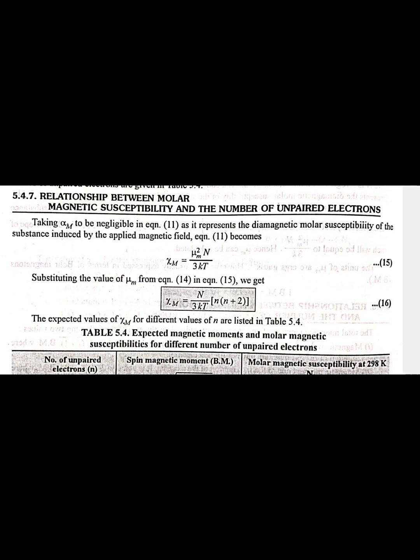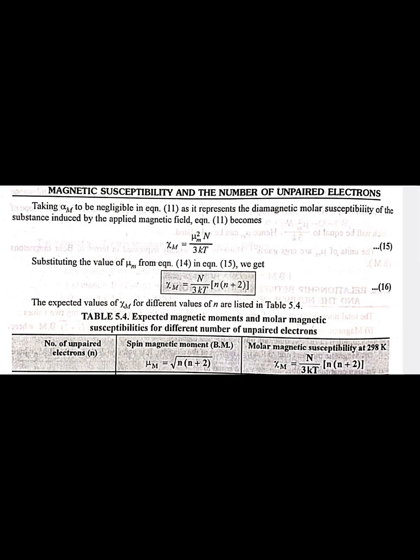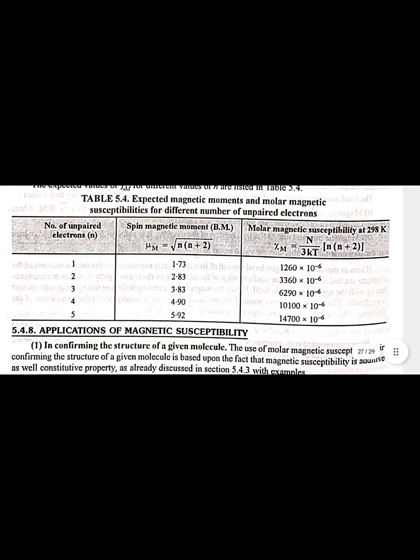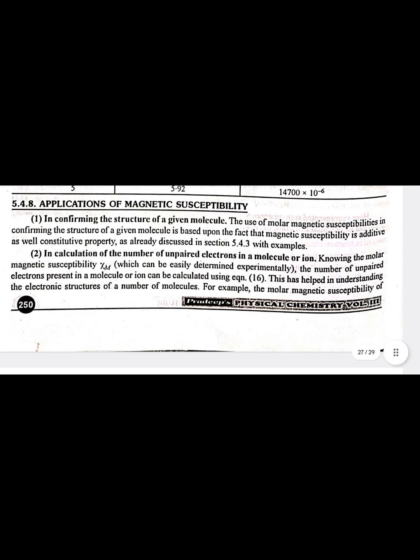Taking alpha m to be negligible in equation 11, as it represents the diamagnetic molar susceptibility of the substance induced by the applied magnetic field, equation 11 becomes chi m is equal to mu m square N upon 3kT, equation 15. Substituting the value of mu m from equation 14 in equation 15, we get chi m is equal to N by 3kT into n into n plus 2, equation 16. The expected values of chi m for different values of n are given.